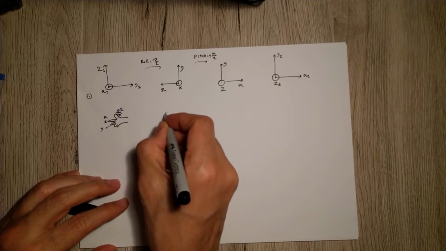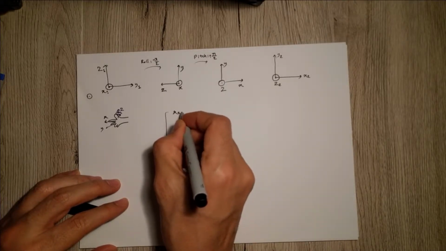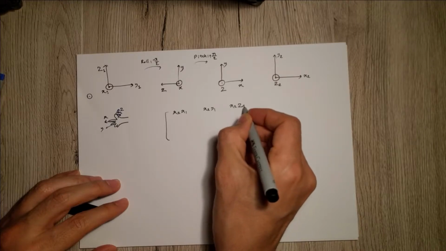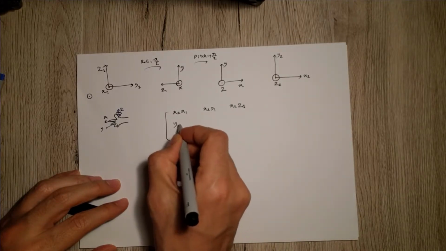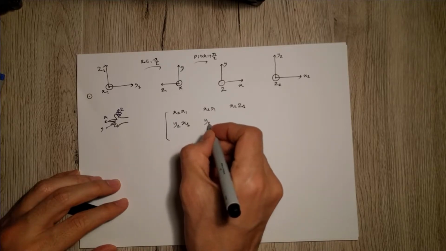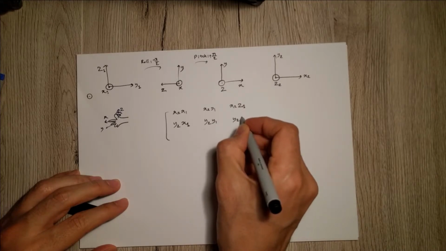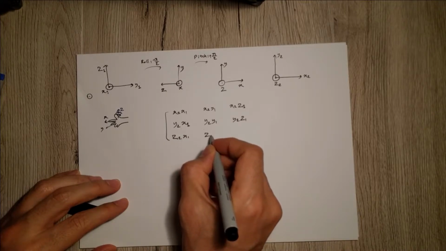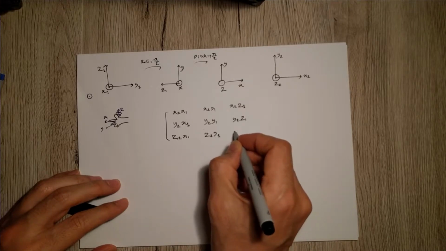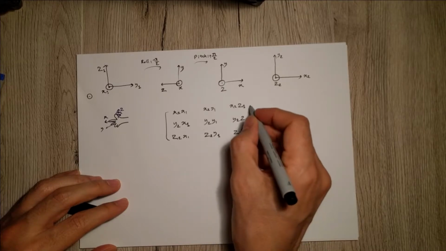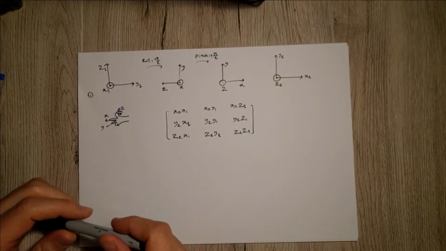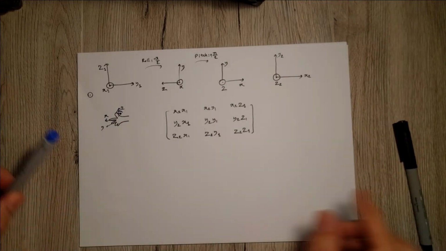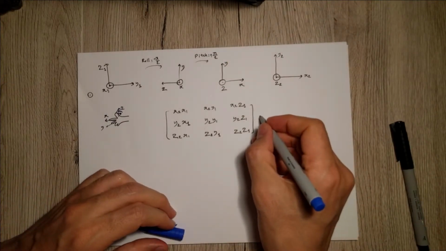So it's going to be x2x1, x2y1, x2z1, y2x1, y2y1, y2z1, z2x1, z2y1, z2z1. So basically I'm just writing the inner products of the axes of this frame and this frame. Okay, so let's populate this matrix.